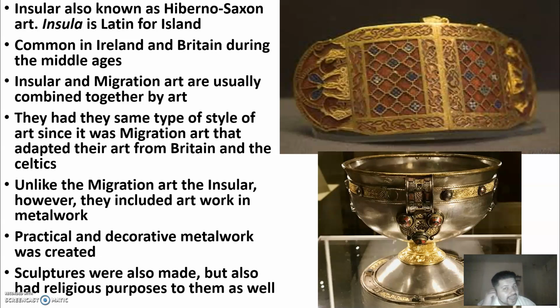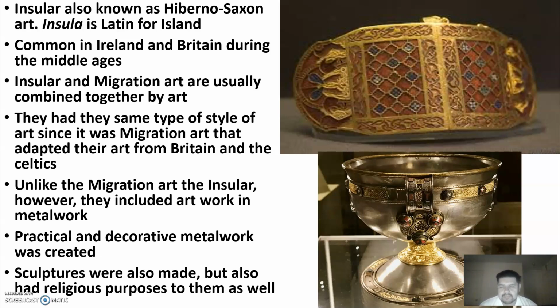Insula is Latin for the word island, so that would basically be England. This type of artwork was common in Ireland and Britain during the medieval era. Insular and migration art are usually combined together; they're hand in hand in a sense.